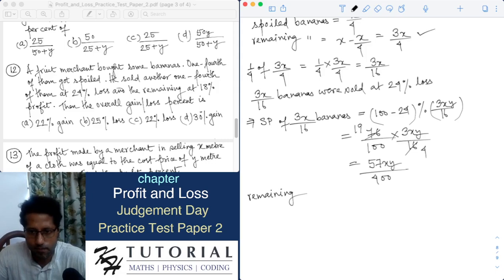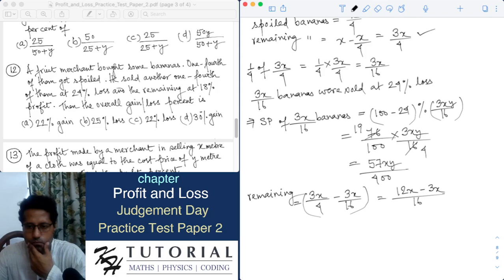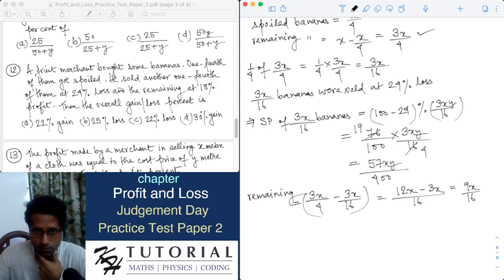So the remaining is 3x by 4 minus 3x by 16, which equals 12x minus 3x by 16. This equals 9x by 16. This is the final remaining number of bananas, and these 9x by 16 bananas were sold at 18% profit.